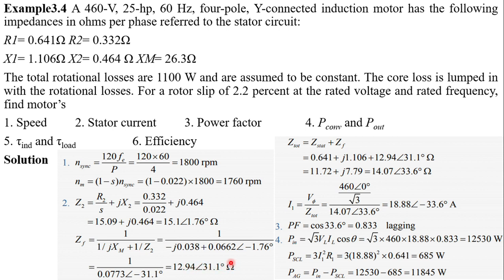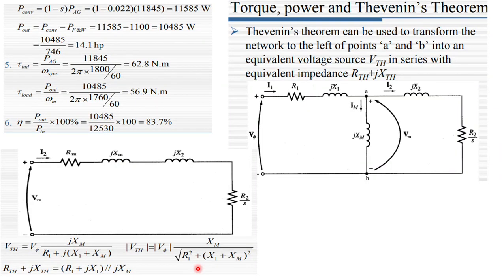So now ZF is already calculated, and after that all these values are represented as ZF. So all these values are reduced and are connected in series with these two components. These are stator resistance and stator reactance, and these components are stator components. This is a magnetizing component.